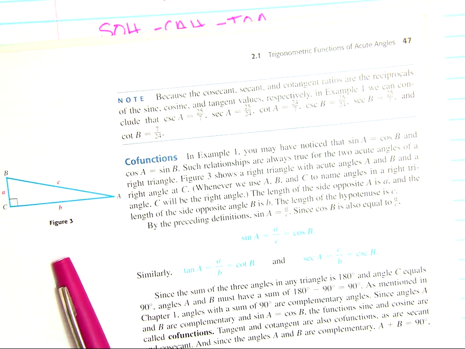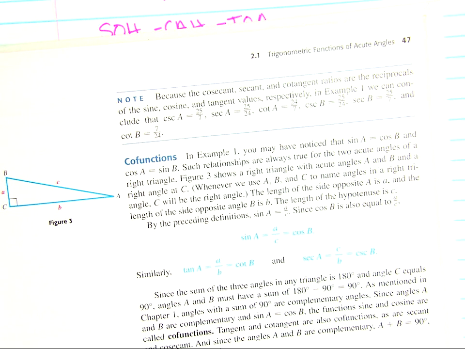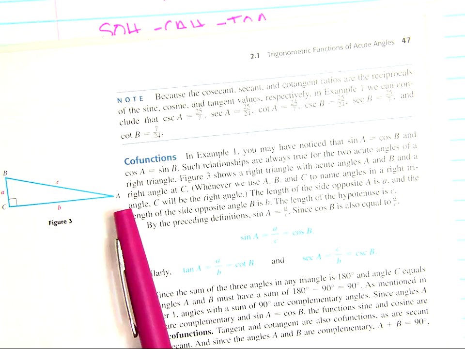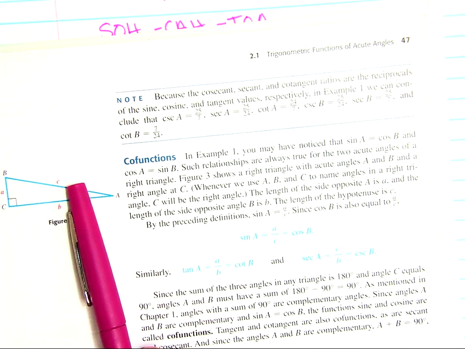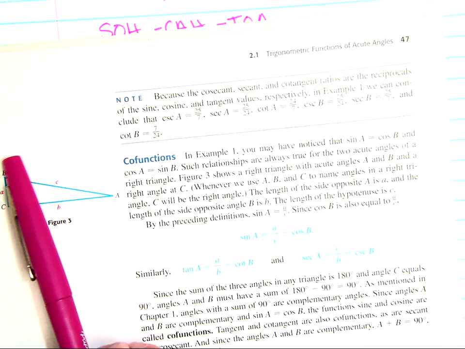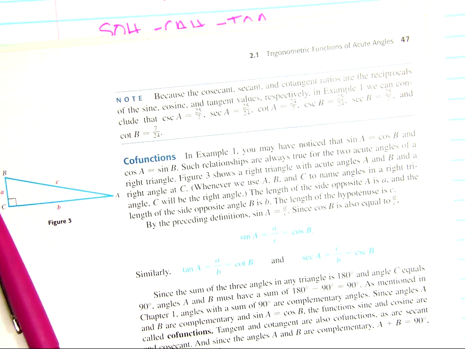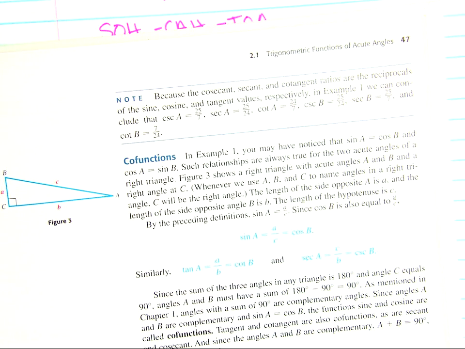The length of the side opposite of A is lowercase a, and the length of the side opposite of angle B is lowercase b. The length of the hypotenuse is c. That means that the sine of A is equal to a over c, because here's A, opposite would be a, over hypotenuse c. Now if I do the cosine of B, then I have to go to angle B, and the cosine of B is equal to adjacent, which is a, over c. Do you see how those two things equal each other?